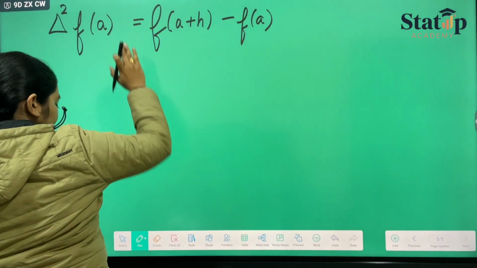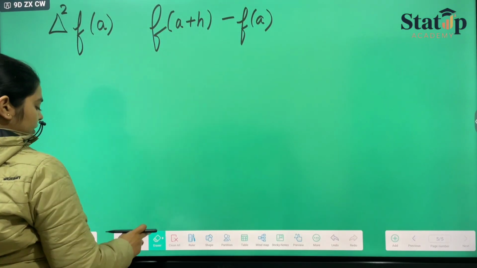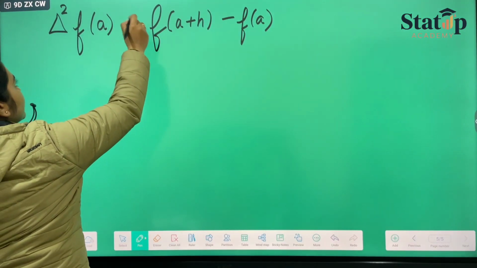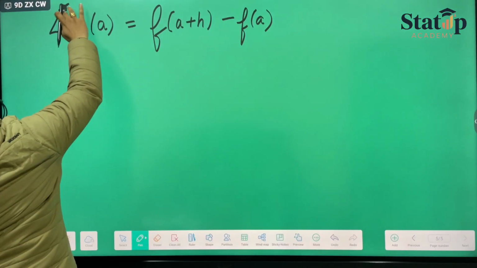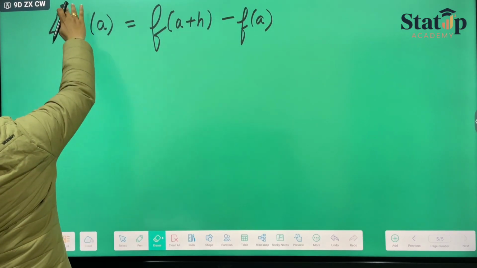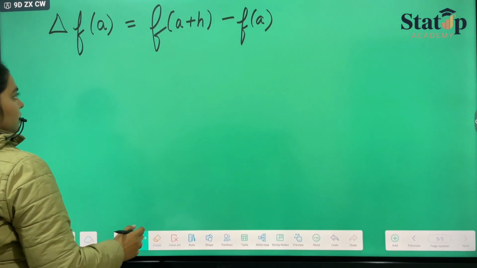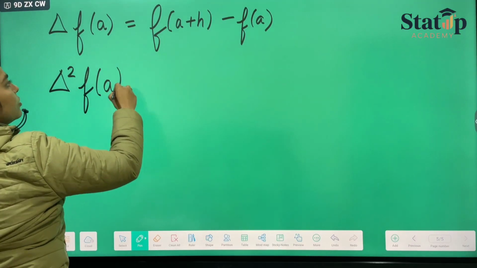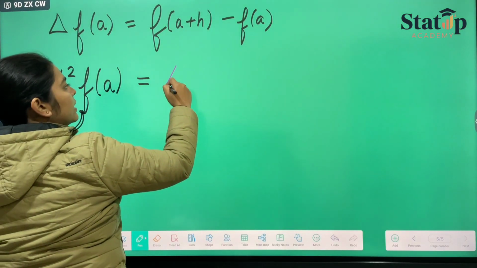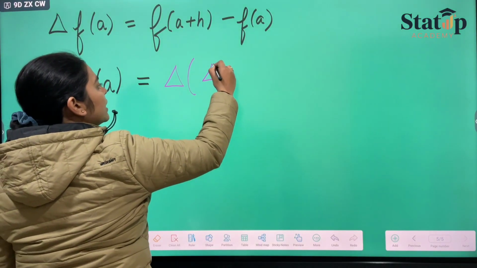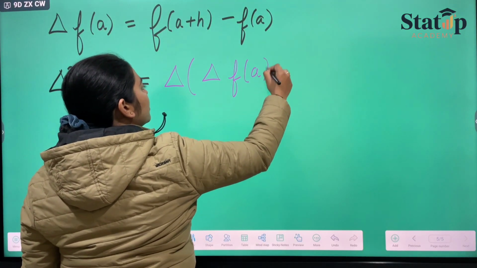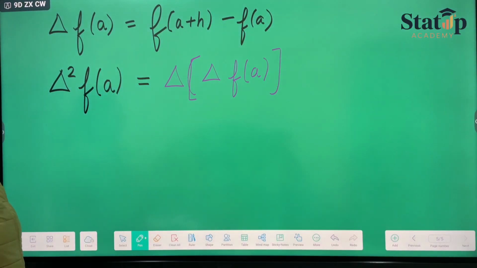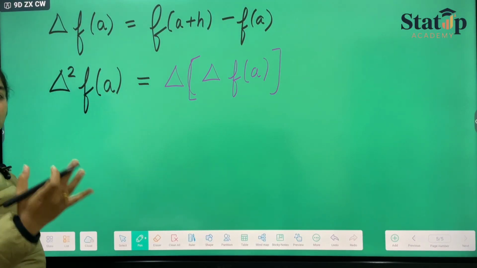We have found out this is the first difference. If I have to find delta square f(a), we can write this as delta into delta f(a), similar to 2 square can be written as 2 into 2.